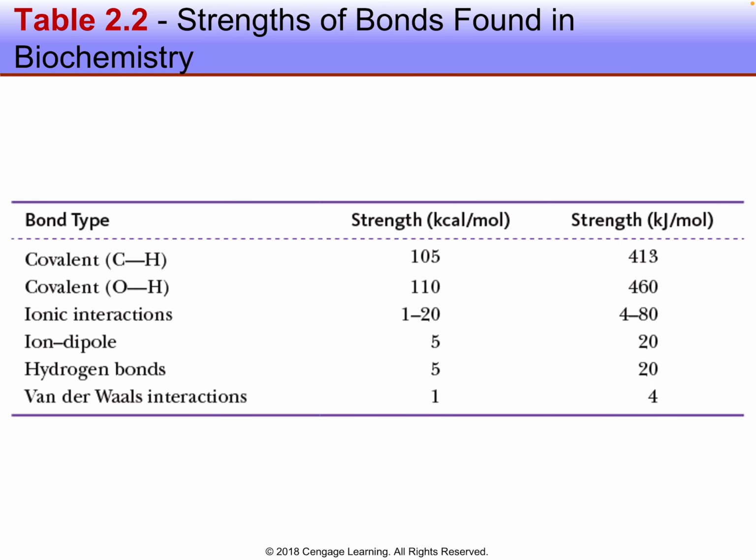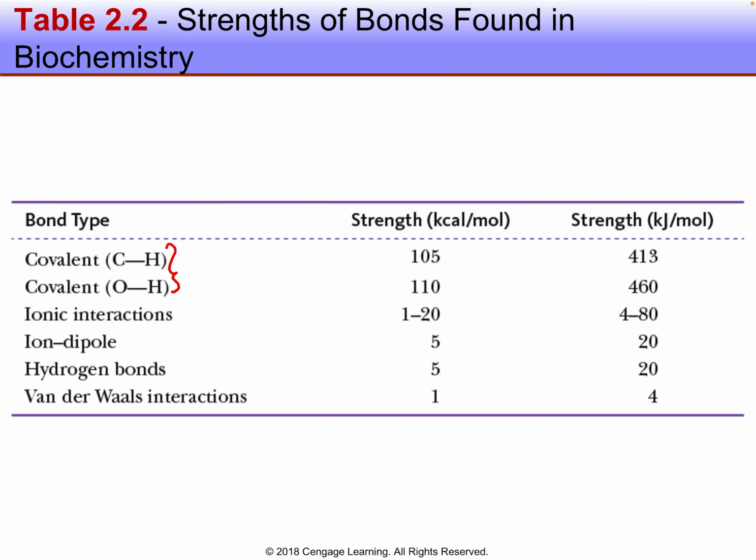So first thing I want to point out is that the strongest "bonds" we have are covalent bonds. So that's what's represented in the top two rows of this table. C-H is a covalent bond. O-H is a covalent bond. Those are going to be stronger than any of the non-bonding interactions.